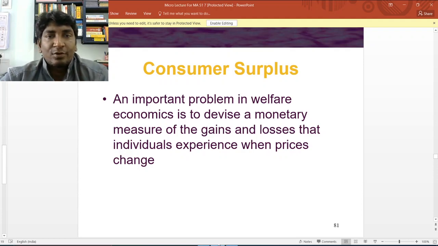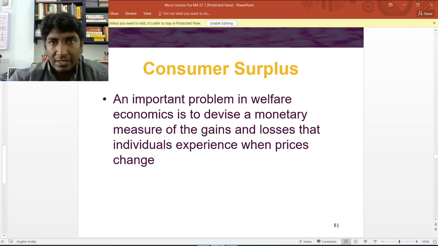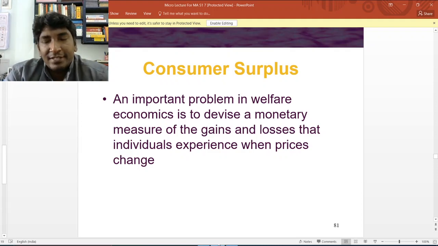I'm ready to pay this much, but whatever money you have is actually with you, and the commodity which you wanted has been consumed. So this is largely about feeling good. This is what is called the consumer surplus in a simple sense.